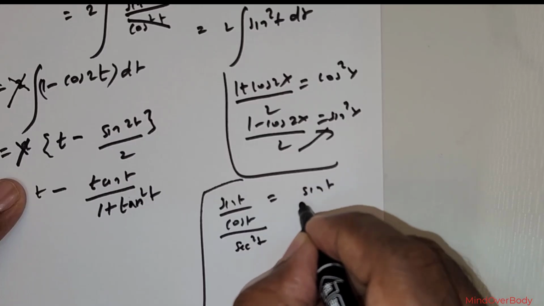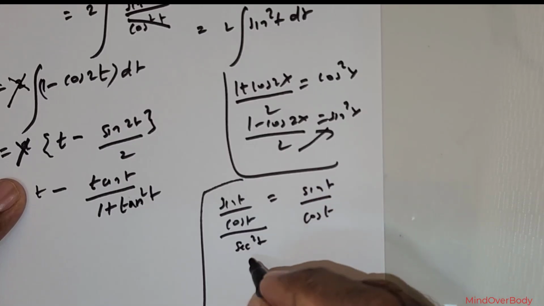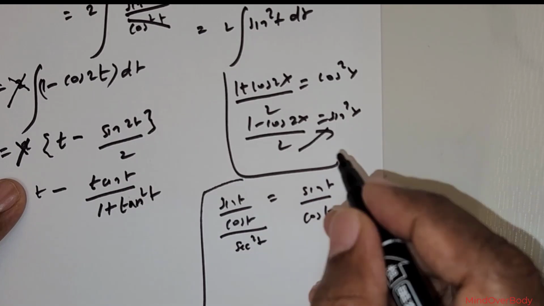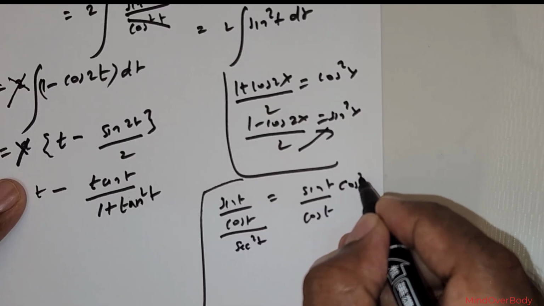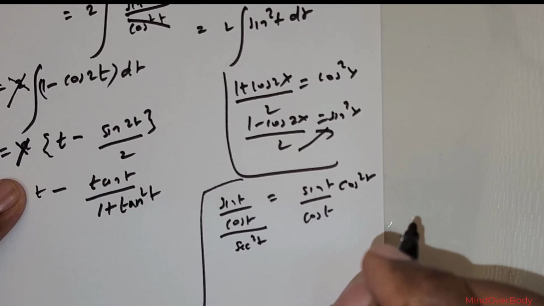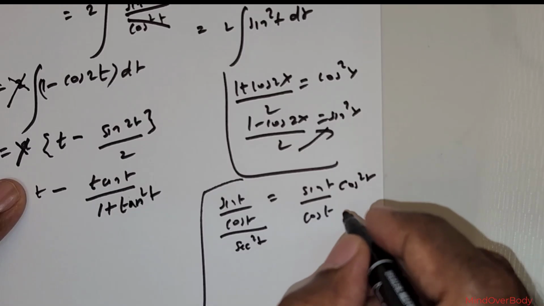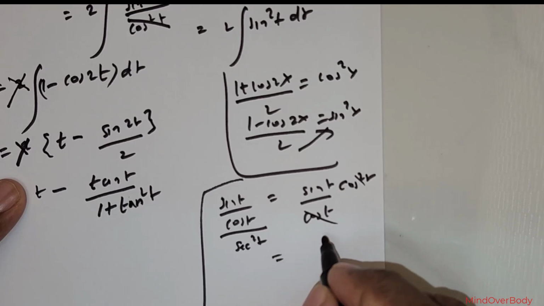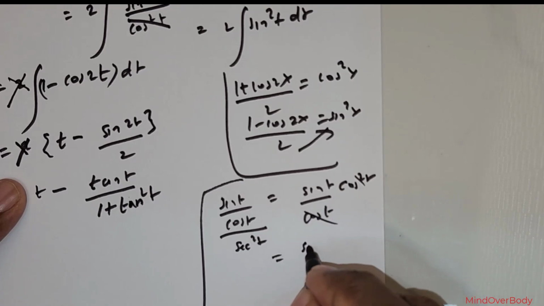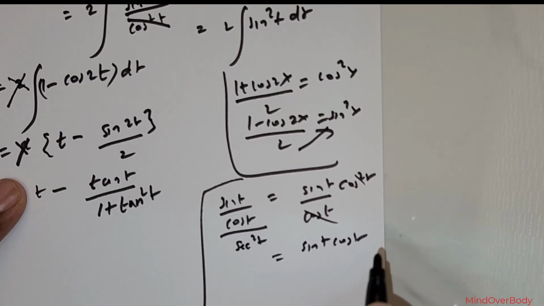Now you have sin t over cos t. Secant squared t is 1 over cos squared t. So you take it to the numerator. So you have a cos squared t there. Okay. So now what happens here? A cos and a cos get cancelled, giving me sin t cos t.